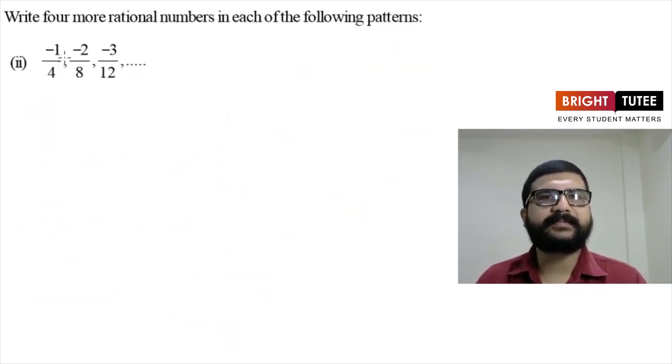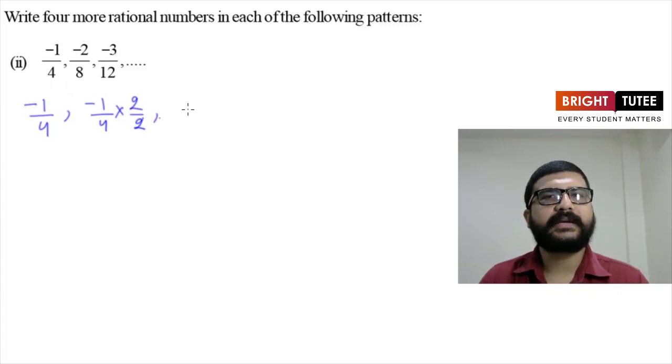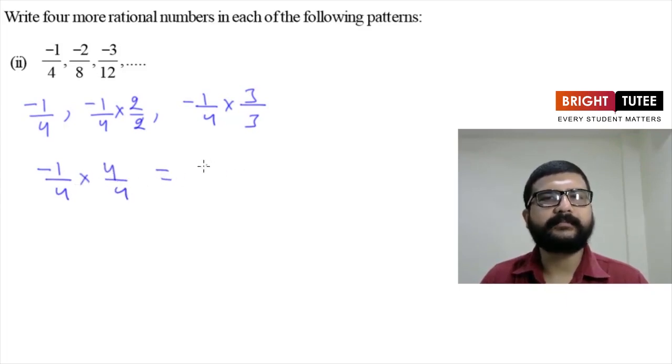So the next pattern is minus 1 upon 4, minus 2 upon 8, minus 3 upon 12. So here the first number is minus 1 upon 4. Now what is the second number? Second number is minus 1 upon 4 into 2 upon 2, and the third number is minus 1 upon 4 into 3 upon 3. Now what will be the next number? It will be minus 1 upon 4 into 4 upon 4. Now this will give us minus 4 upon 16.